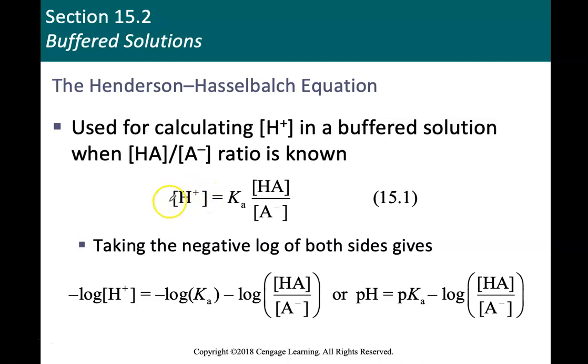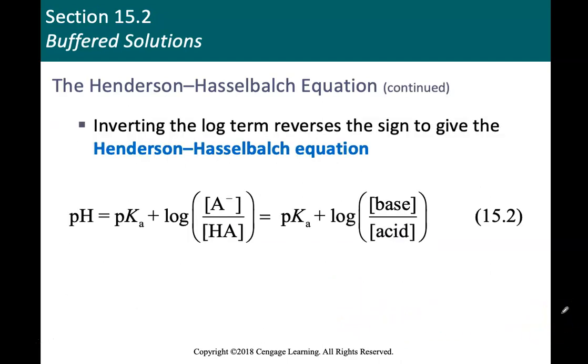If you write the equation with H as the subject and take the negative log on both sides, it will lead us to this relationship here, and that is basically how we derive the Henderson-Hasselbalch equation.